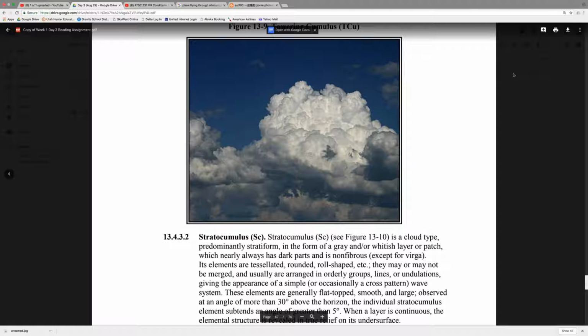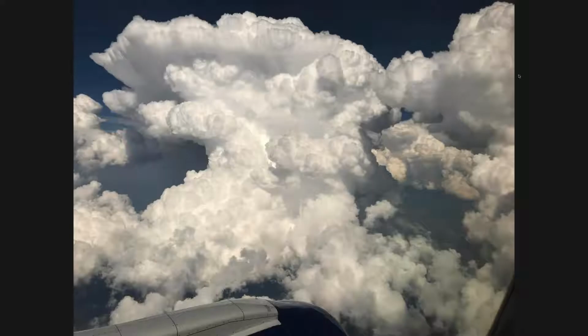Let's see if I can find one of my pictures. So yeah, this was as we were coming into Denver.